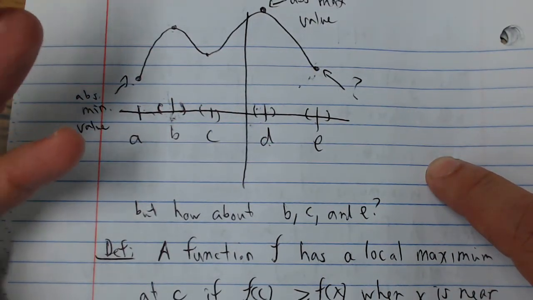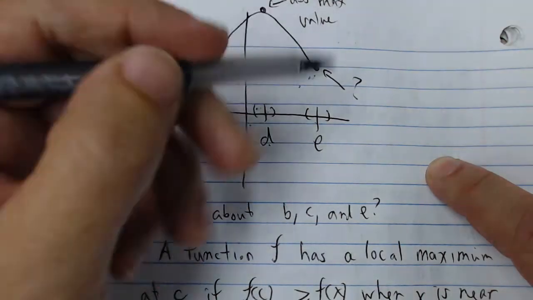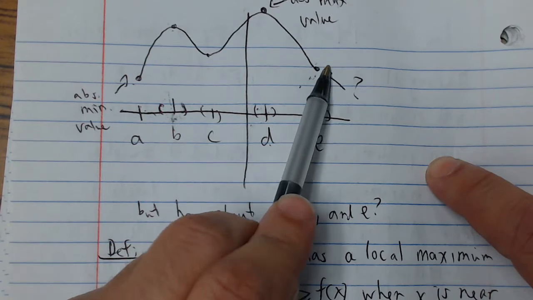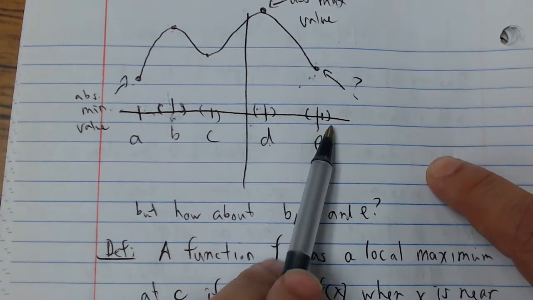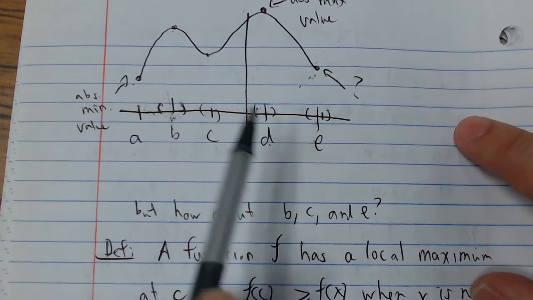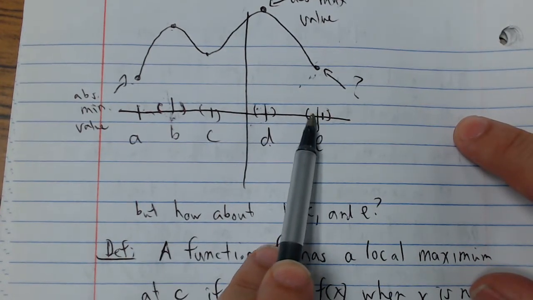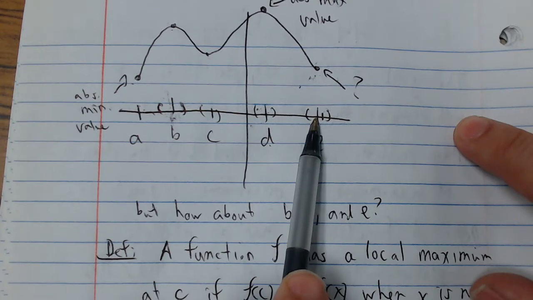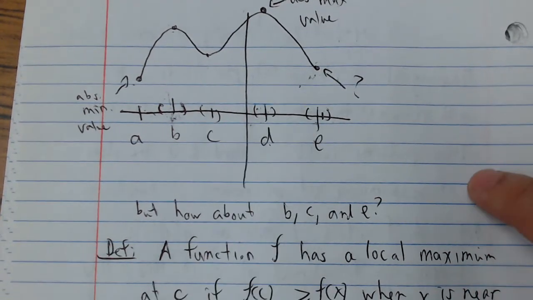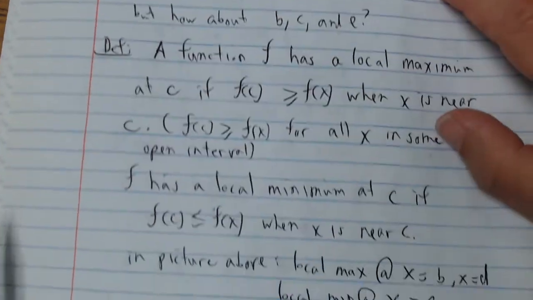The answer is no, because if I go to the right of e, what do you notice about my graph or my function? It's undefined. So this fails the definition of a local max or min, because no matter how small this open interval is, when I move to the right of e, my graph is undefined. And if it's undefined, then I can't use the definition of a local max or min.